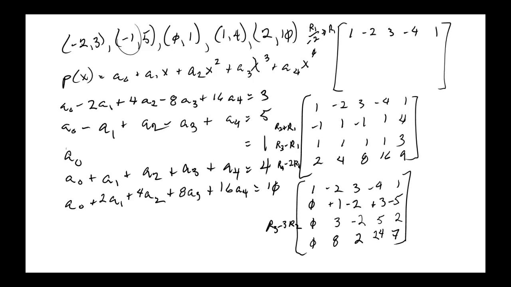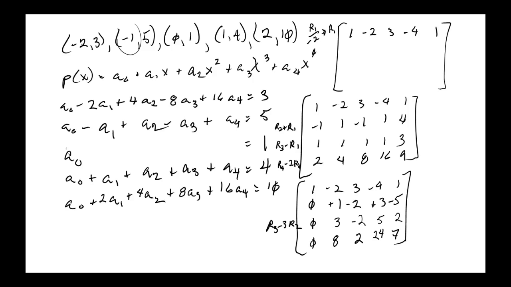And you plug in a minus 1 for your x. a0 is still a0. And this will be a minus a1 plus a2, because you square minus 1 and get plus, minus a3, plus a4, and that's equal to 5. The next one, pretty nice: a0 just comes down, plus 0 a1, 0 a2, because when you plug in a 0 here, all those become zeros, and that's equal to 1.